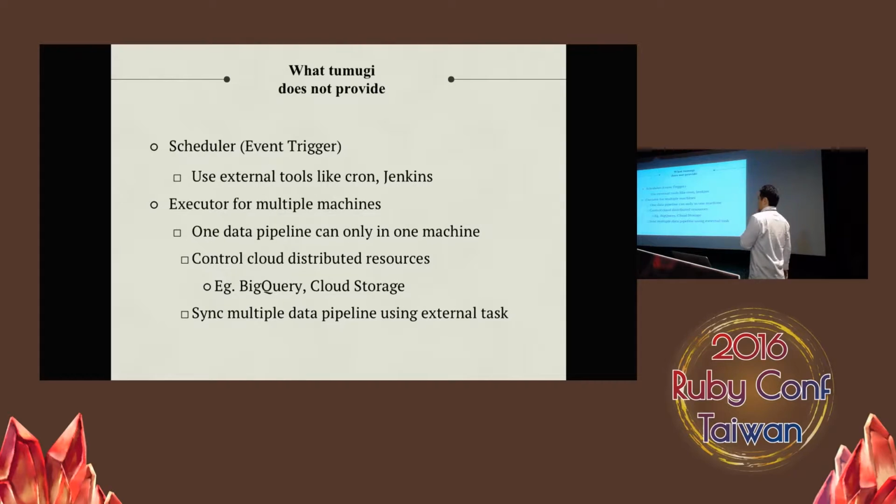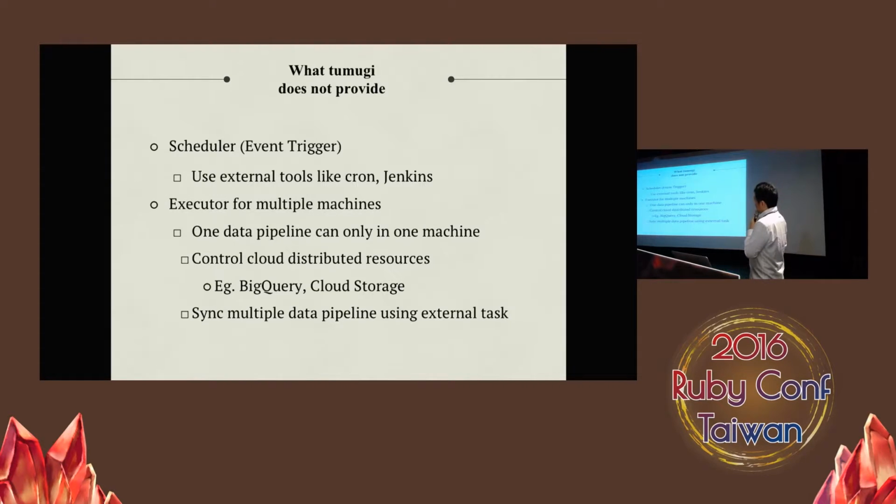Okay, I will explain what Tsumugi does not provide. Tsumugi is not a full stack workflow engine; it does not have all the features which other workflow engines have, such as a scheduler or event trigger. So use external tools like Cron and Jenkins.